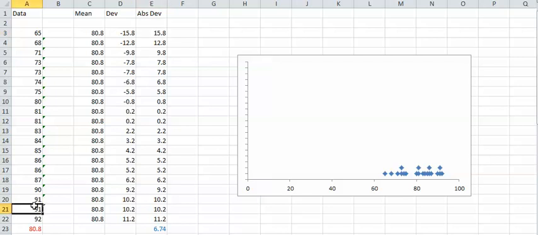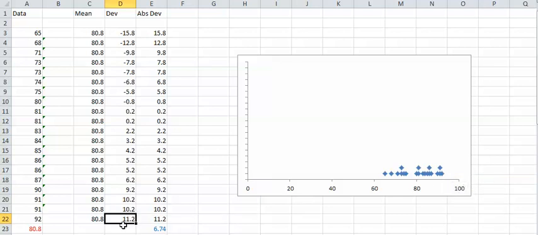Let's now look at this data value of 92 right here. It has a deviation of positive 11.2. Since the deviation is a positive number, it means that the value is above the mean. And it's true that 92 is above the mean. So 92 is our highest value up here.